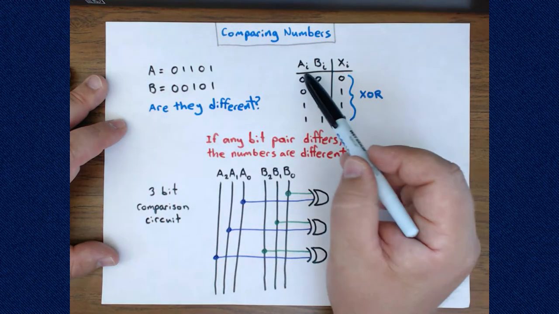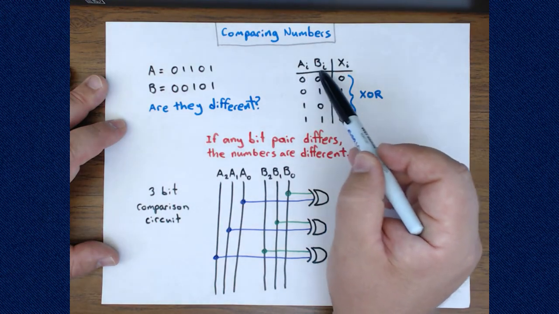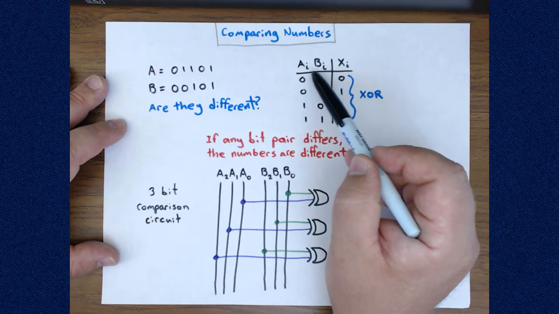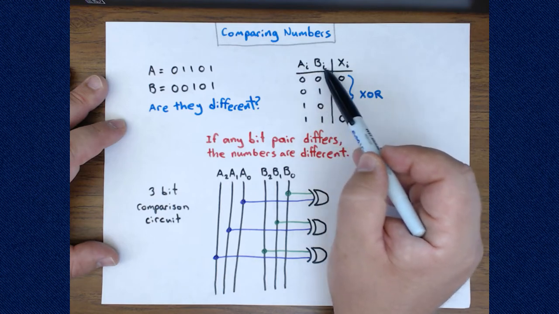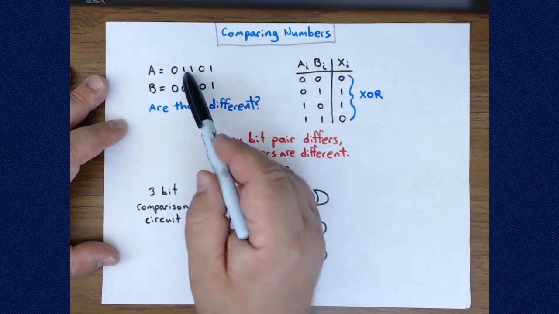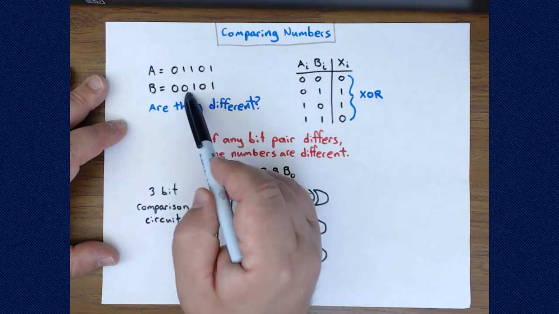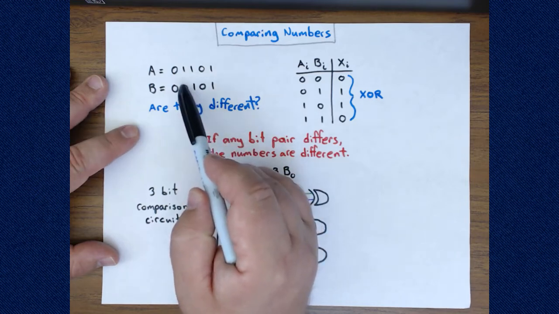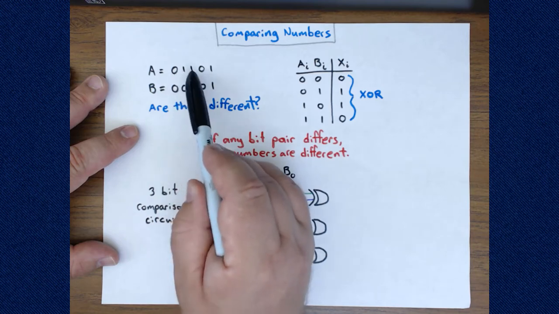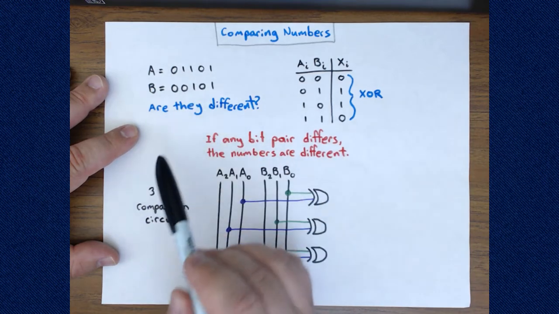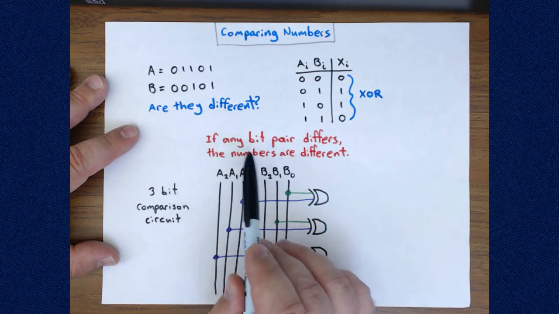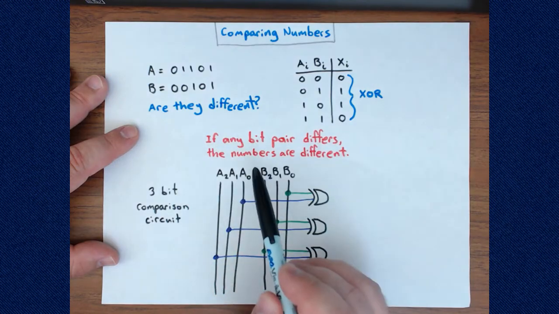So over here, I've got a 2-input truth table with a sub i and b sub i as inputs, indicating the ith bit, some arbitrary i of A, and the same bit position from B. For each bit position, we're going to see whether or not that position is the same, because in the end, if any bit pair differs, then the numbers are different.